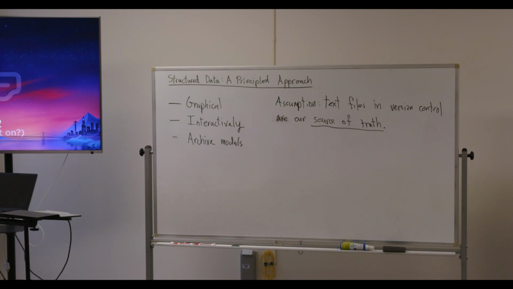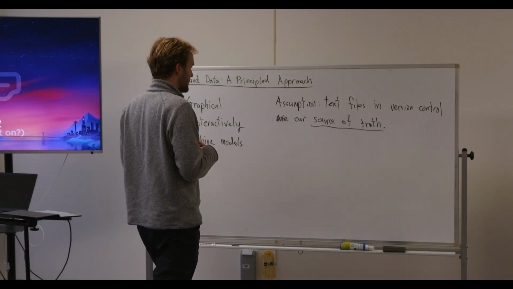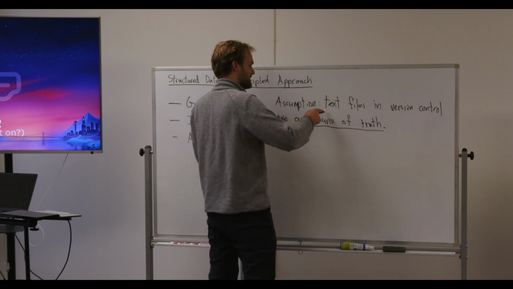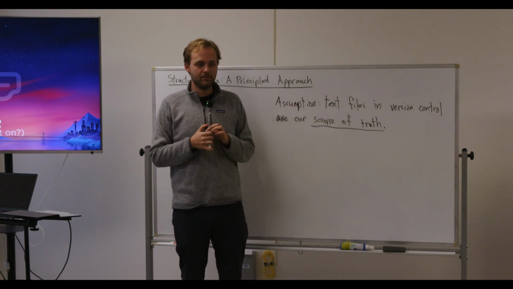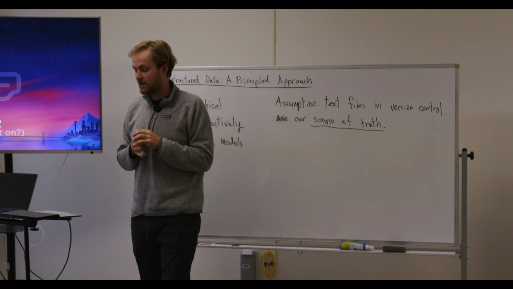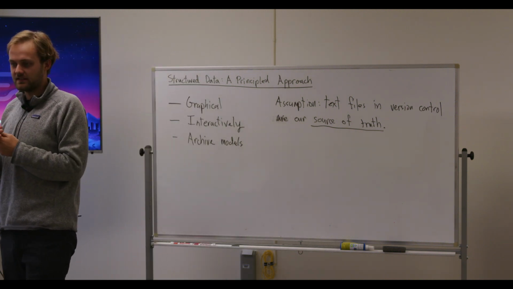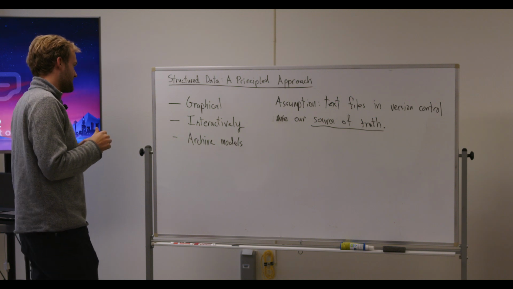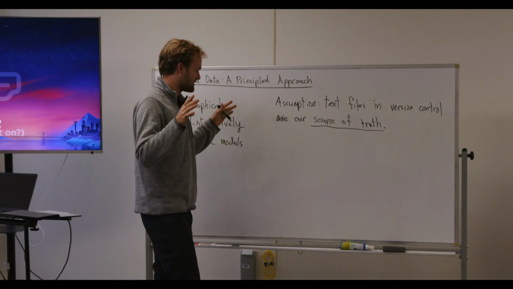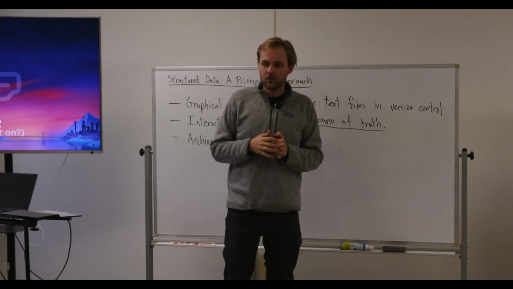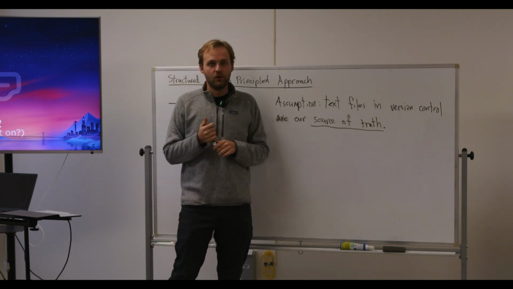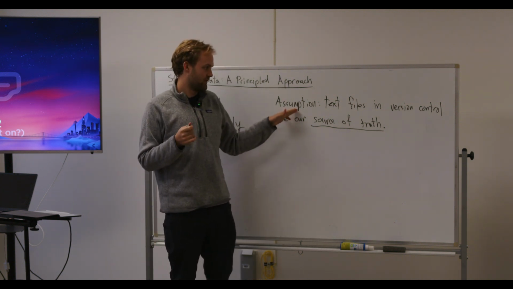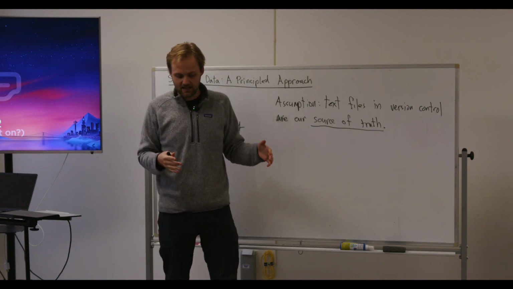Your model should have some structure, and that's not incompatible with text files in version control being the source of truth, because we can just say, okay, write all your models in a DSL, a domain-specific language, and then that's your source of truth. Why does that work? Why does writing models in a DSL and just putting those files in version control make sense?